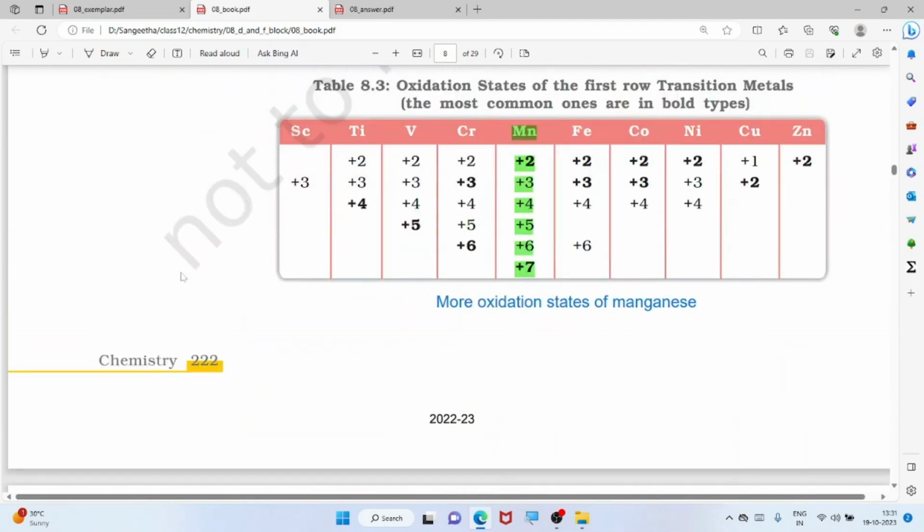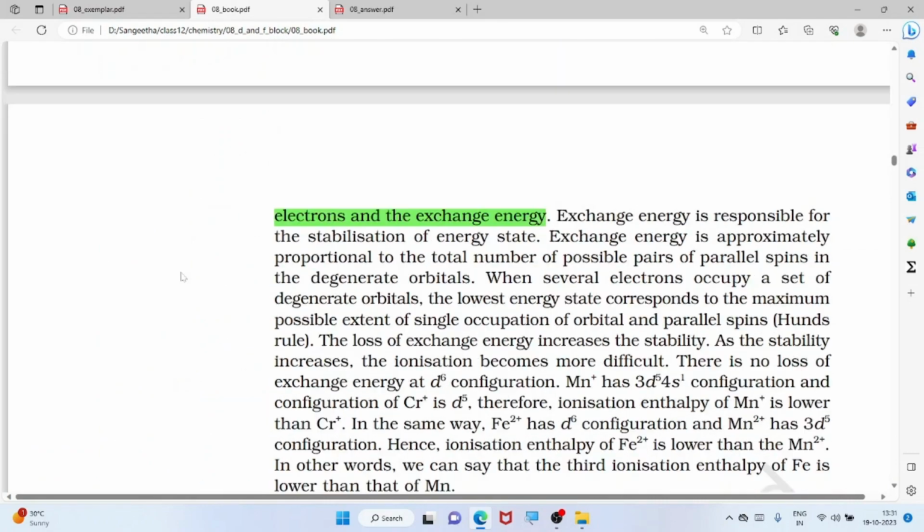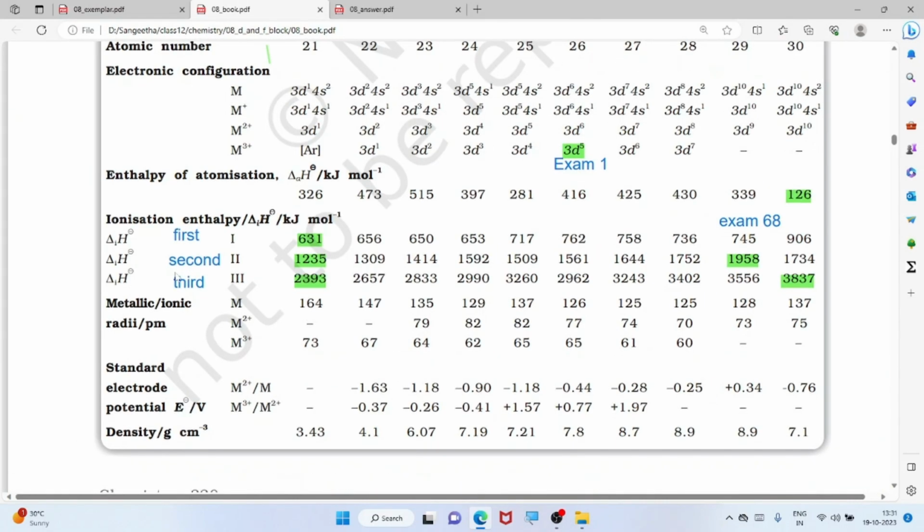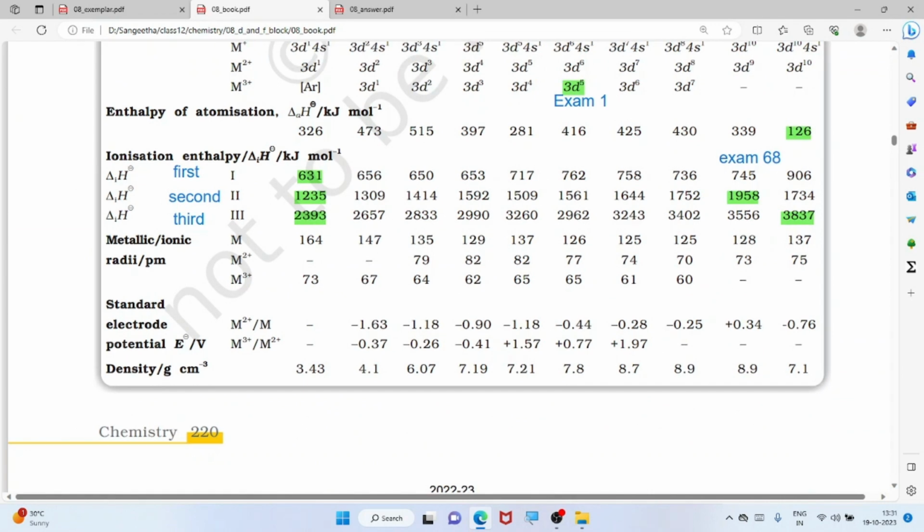Ionization enthalpy. Okay, this is the ionization enthalpy. Second ionization enthalpy highest. This is the third ionization enthalpy.